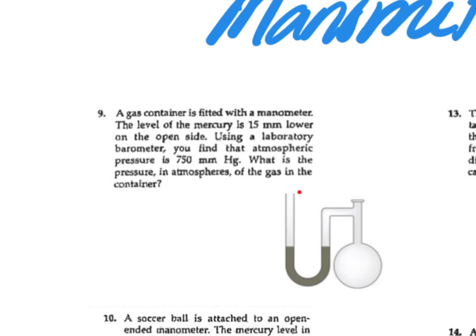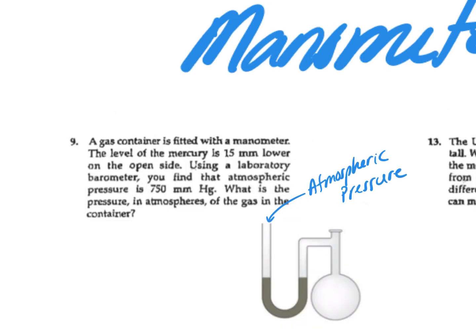Notice that this is an open manometer. So at the open end, the contents of that manometer are experiencing atmospheric pressure. So as this is drawn right now, the atmospheric pressure would equal the pressure inside the container.